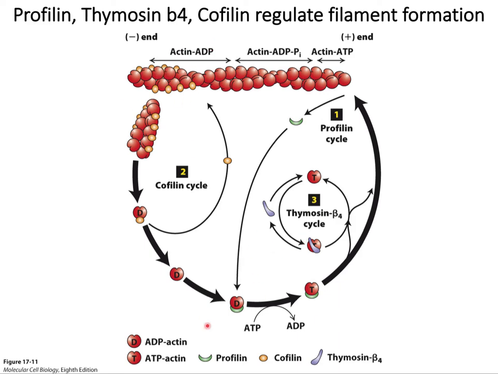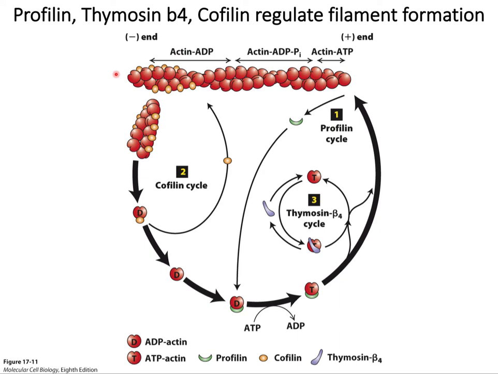So profilin has two functions: to charge the monomer with ATP and to prevent the charged monomer from binding to the minus end. You remember we talked about in the first part that, for all intents and purposes, there is no growth at the minus end because the critical concentration is so high there. But another reason is that profilin prevents the binding of ATP G-actin to the minus end.